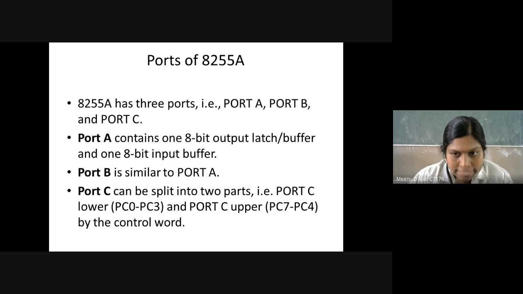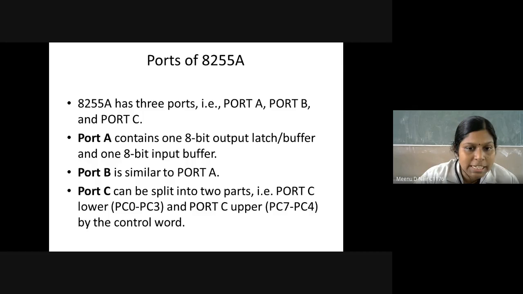That is known as port C, which is split into port C lower and port C upper. There are totally 8 pins, which you can name PC0, PC1, 2, 3, 4, 5, 6, 7. PC0 to PC3 is considered the lower port, and the upper part of port C is PC4 to PC7.